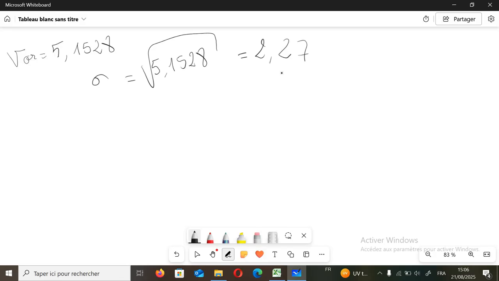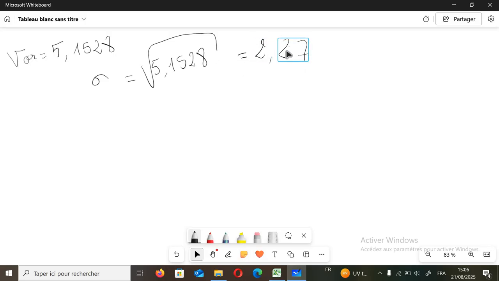That means we don't have a lot of dispersion between employees in terms of salary, because we have a standard deviation close to 0, which means we don't have lots of dispersion.